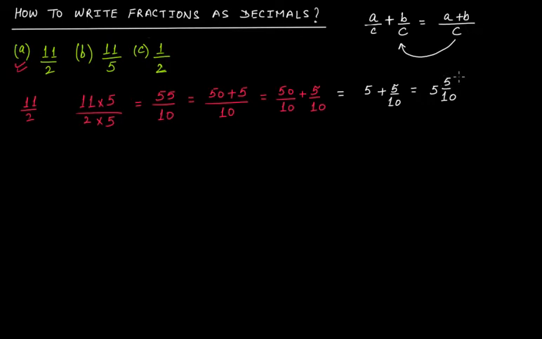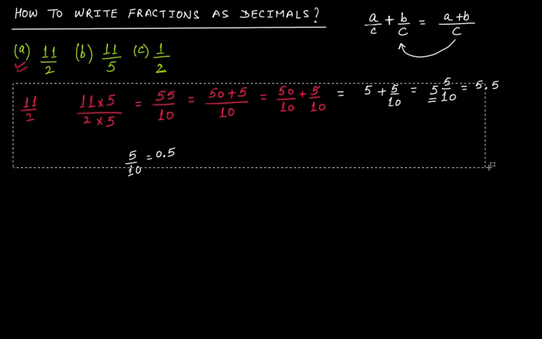Now, 5 over 10 is actually 0.5. 5 tenth means you have 5 at the 10th place and you don't have any ones, right? So this is 0.5. This 5 tells you the whole number, that is 5 here, and 5 tenth tells you that at the 10th space we have 5. So this will become 5.5.